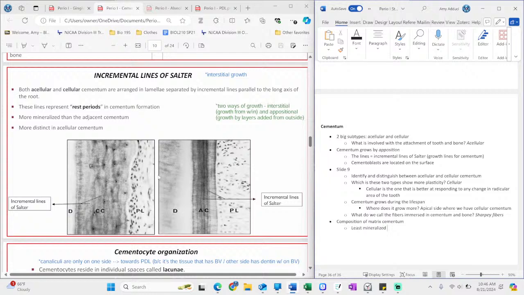The most is enamel. Dentin and bone are quite similar. The least is cementum. But cementum is the one that has one particular chemical element in high concentrations compared to the others, and that's fluoride. So the higher amount of fluoride is going to be found in cementum. Okay?